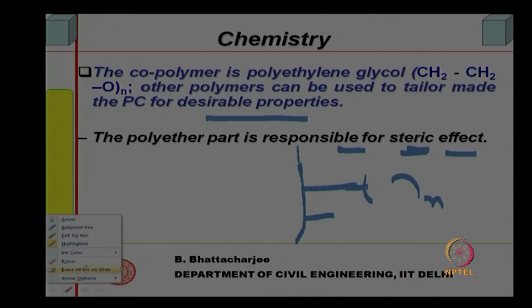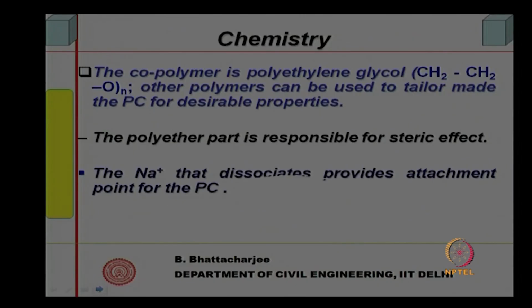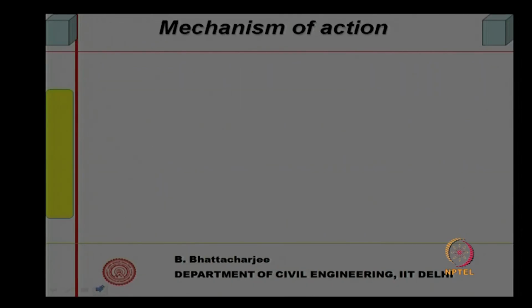We will come to that sometime later on again. The sodium that dissociates provides attachment point for PC. So, PC gets attached to the cement because sodium will dissociate and that causes attachment of the PC. So, that is how the chemistry of plasticizers and superplasticizers is.